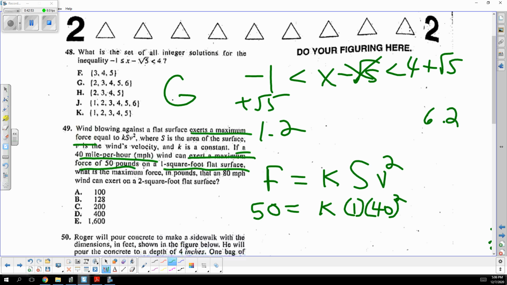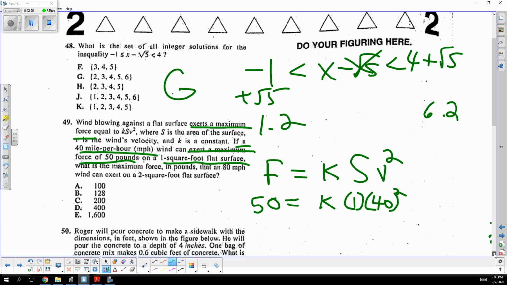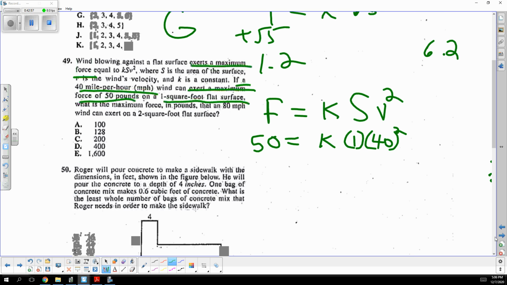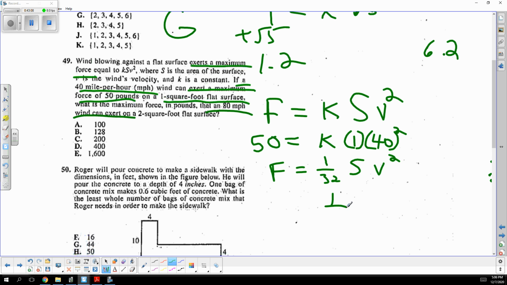Then I use that K in the next problem. So F equals 1 over 32 S V squared. So an 80-mile-an-hour wind would be 80 squared over a 2-foot surface.